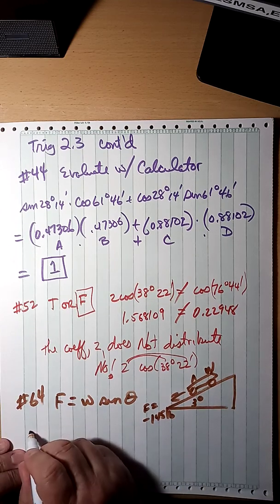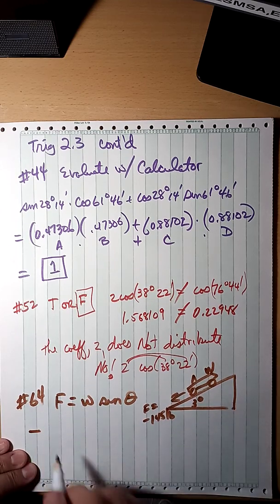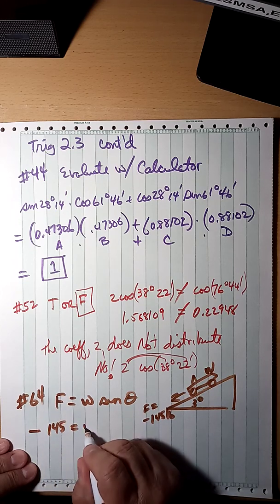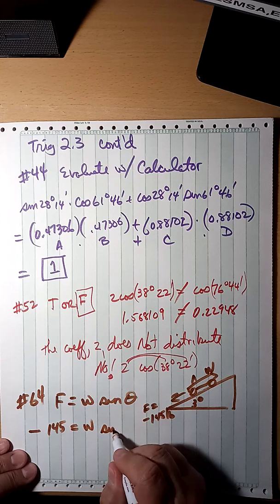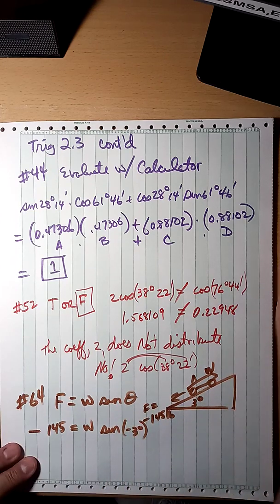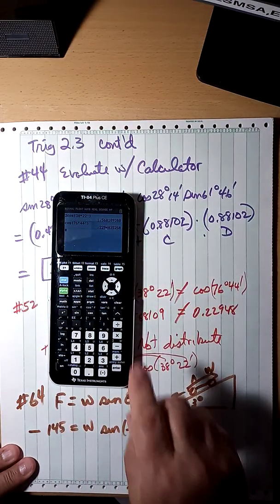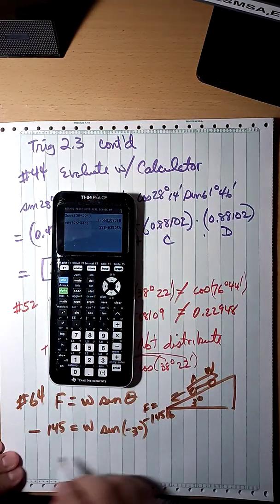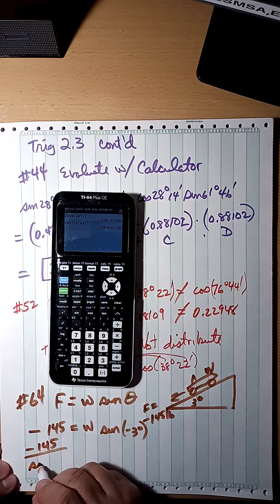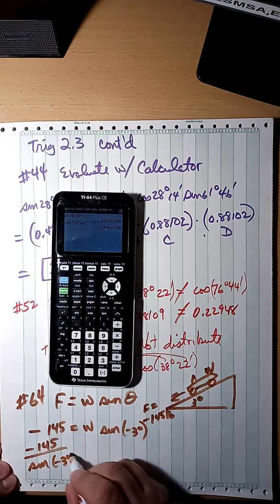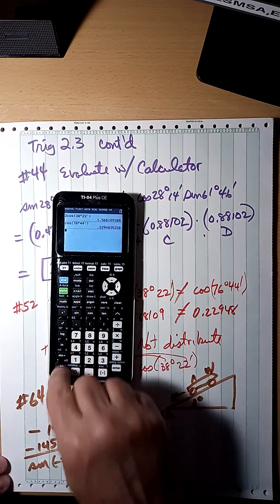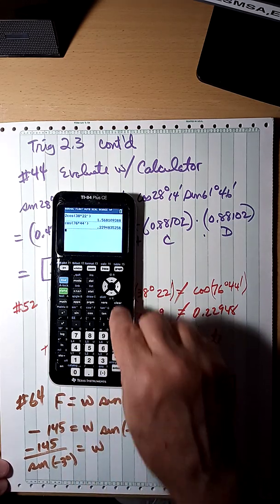So we just have to plug this in. The picture is worth some steps here. -145 equals W, which we don't know, times the sine of -3 degrees. Now let's see what happens with that. Well, let's divide first. -145 over the sine of -3 degrees equals W. So let's clear this out.